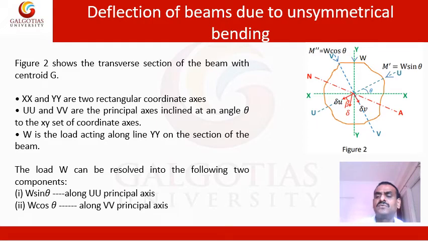The component of load along the UU axis is M', which will be equal to W sin theta. So W sin theta is the component along the UU principal axis and W cos theta is the component of load along the VV principal axis.